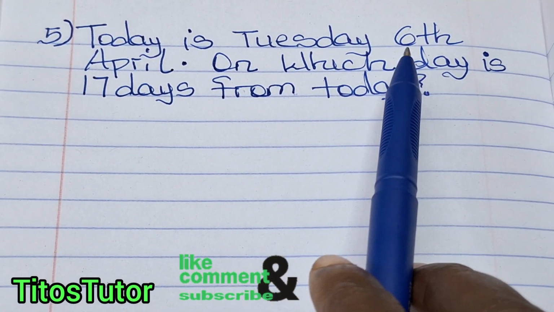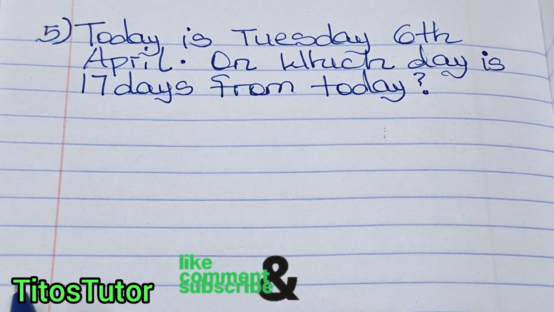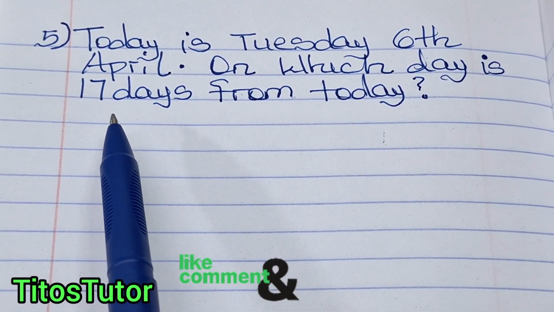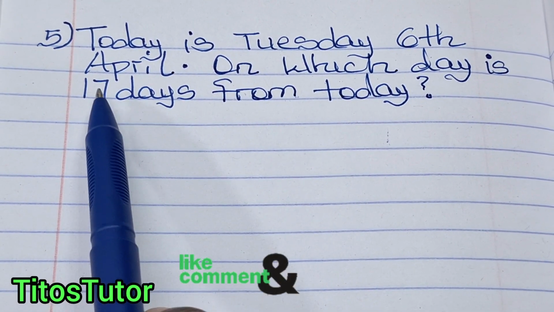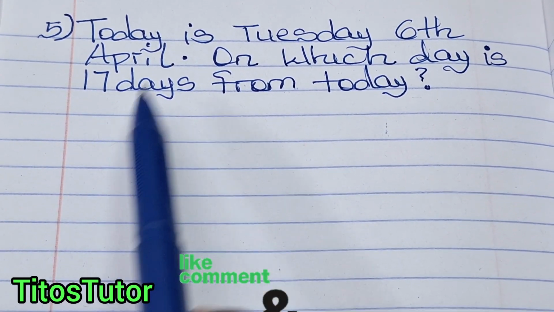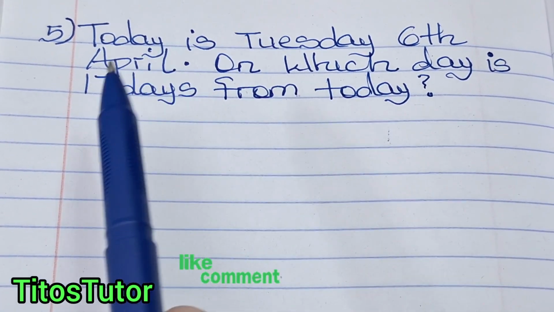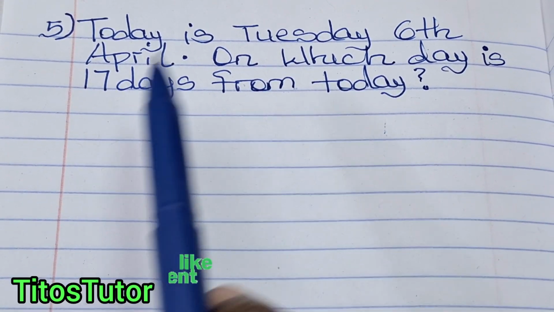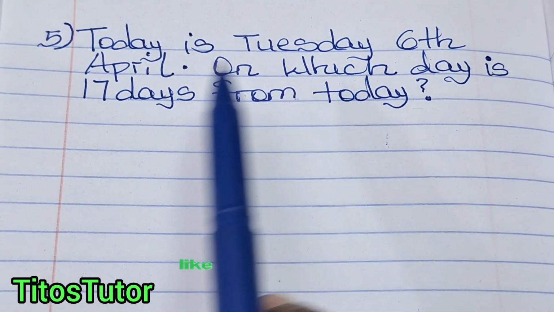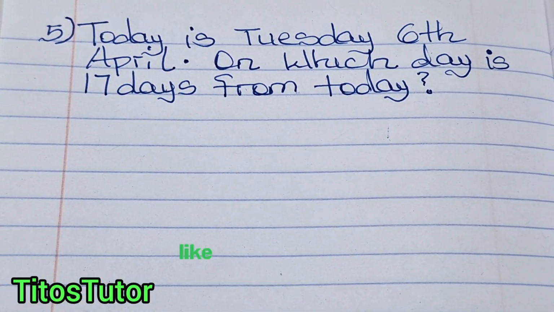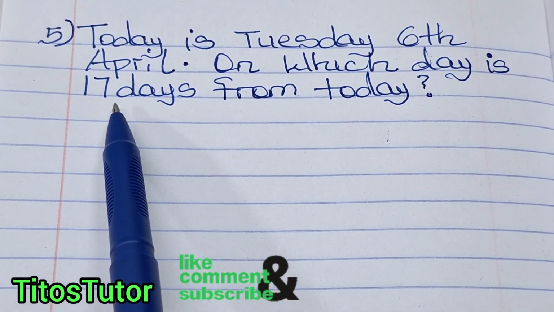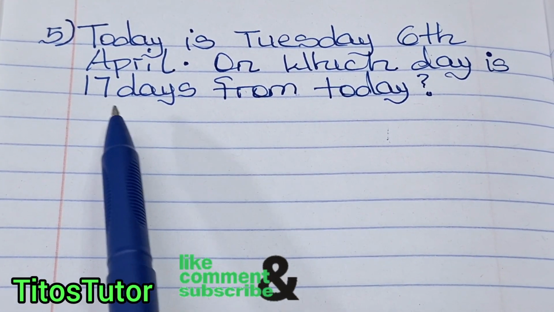If today is 6th and it's Tuesday, so you do multiples of 7. So in 7 days from today, it will be another Tuesday. In 14 days from today, it will be another Tuesday.